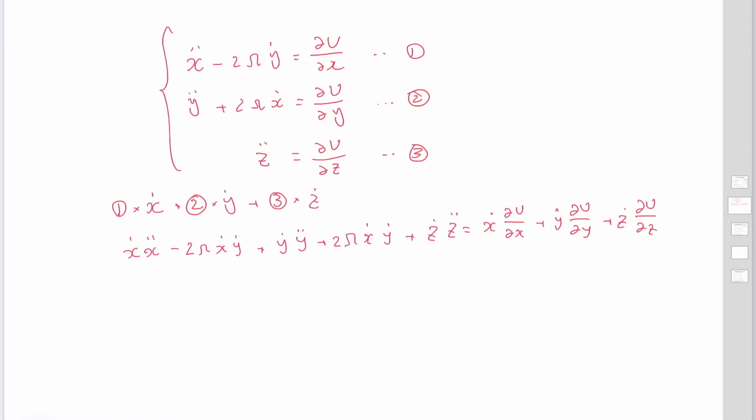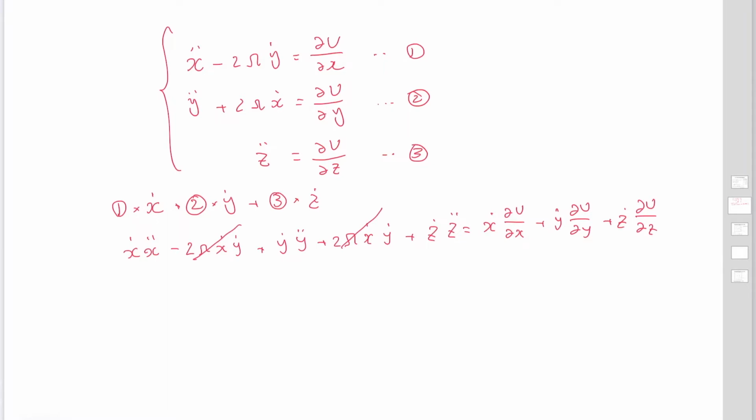If you look at the right-hand side, the second term and the fourth term cancel out, because these terms come from the Coriolis force. This indicates the Coriolis force doesn't work.